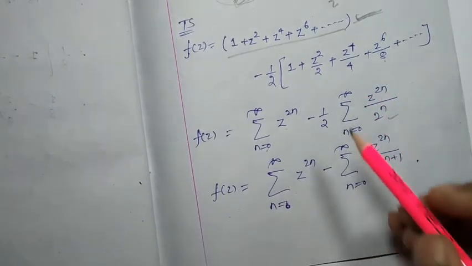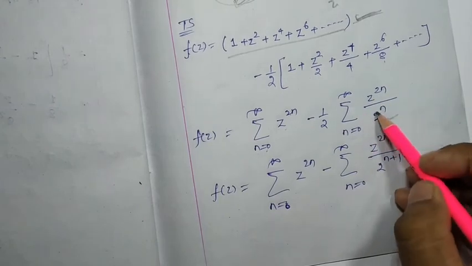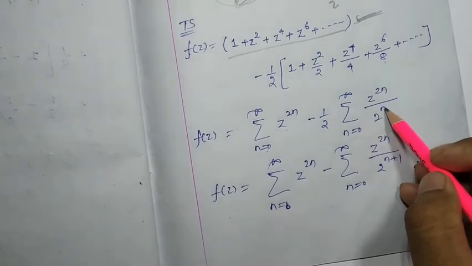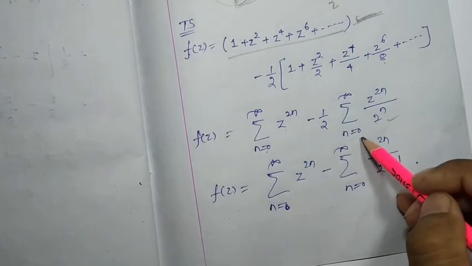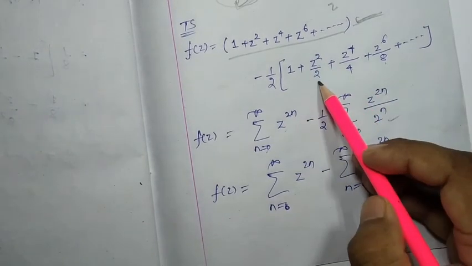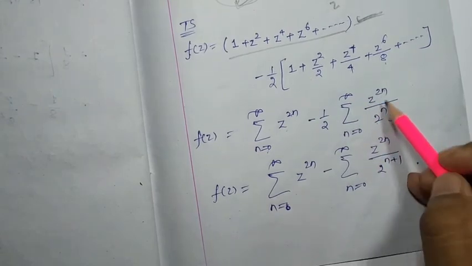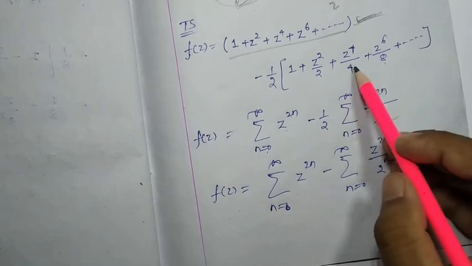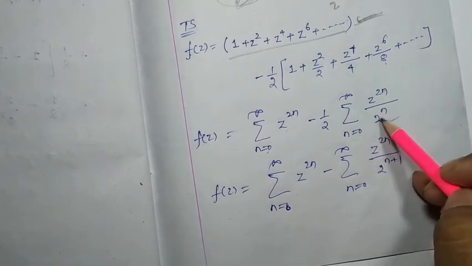You can check: put 0, it will be 1; then z square by 2; z to the power 4 by 2 squared, means 4; z to the 6 by 2 cubed, that means 8.